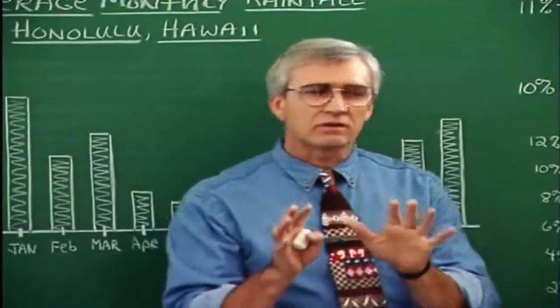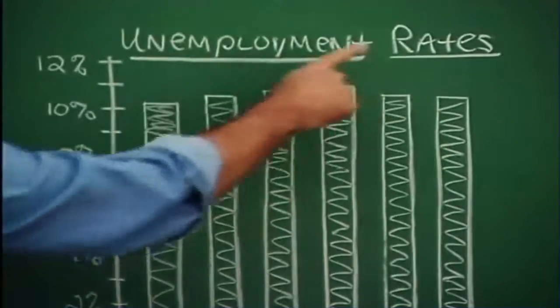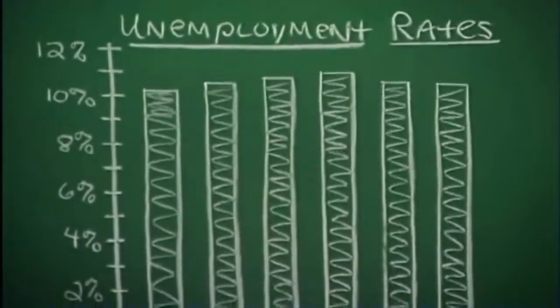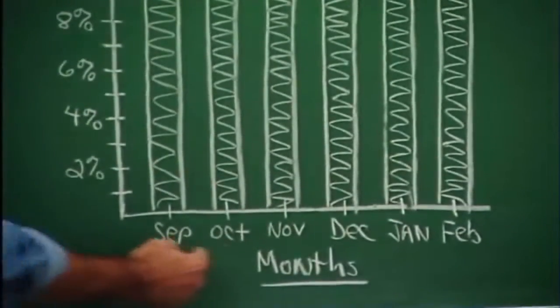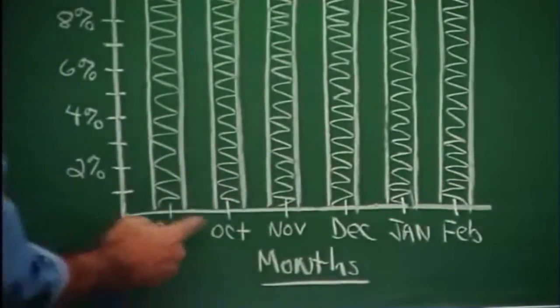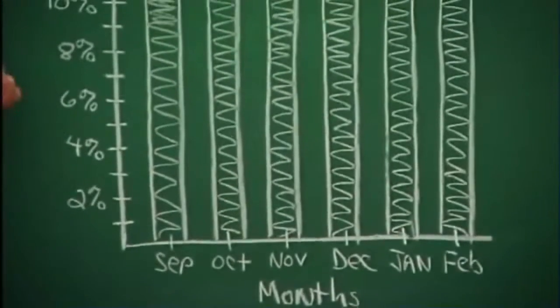Now, here's a graph of unemployment rates in the United States over several months in some previous year. Down at the bottom are the various months over which the information is given, September through February. And on the left side axis there's a percent associated with the unemployment.